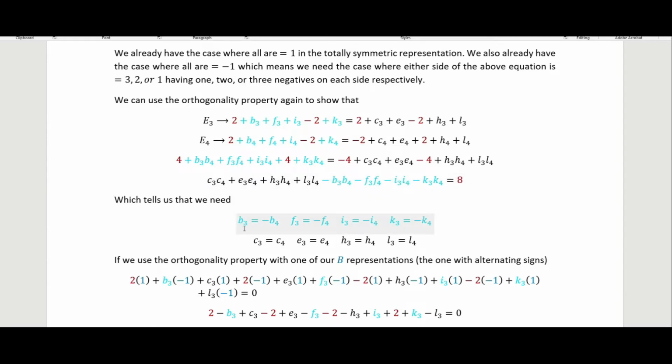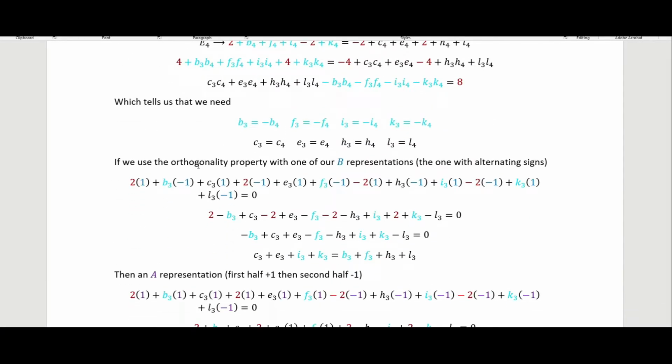And this tells us that the B3 and B4, F3, F4, I3, I4, K3, and K4 have to be opposite signs of each other because we're subtracting here. And so these terms here each have to become negative in order for this to be positive, in order for us to get it equal to 8.